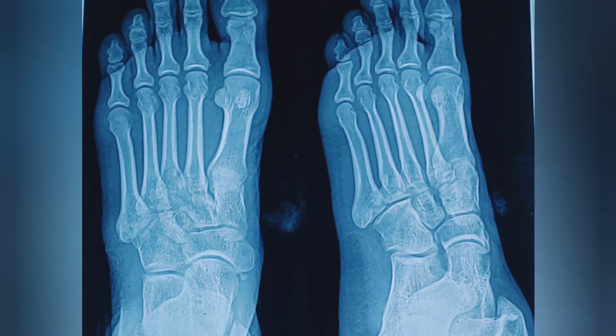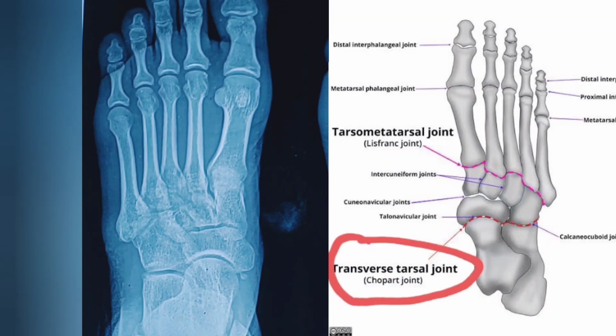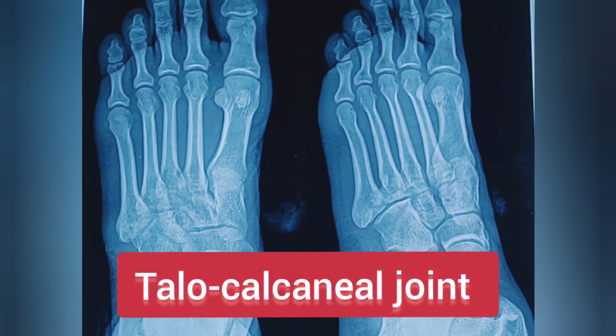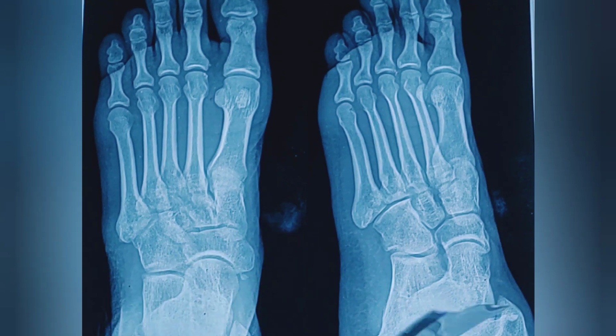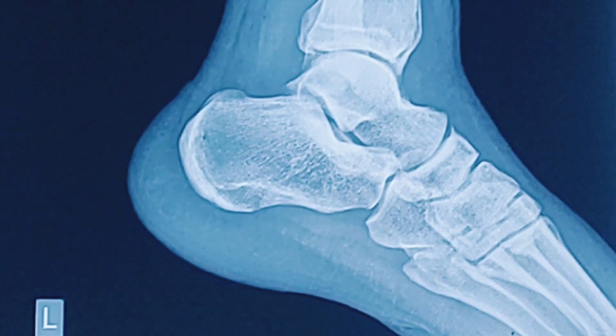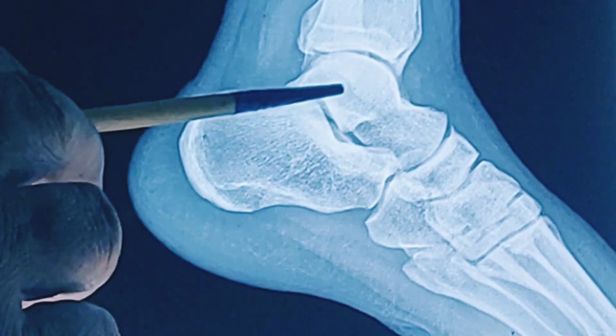Which joint is most important in the foot? One is the mid-tarsal joint. Another is called the talocalcaneal joint. Talocalcaneal means, I am showing you another film. This is talus, this is calcaneum. So in this articulation, we can see here is one articulation, here is another articulation.